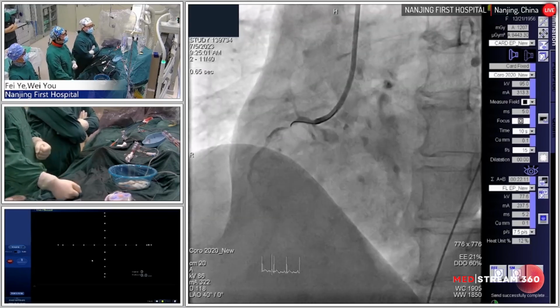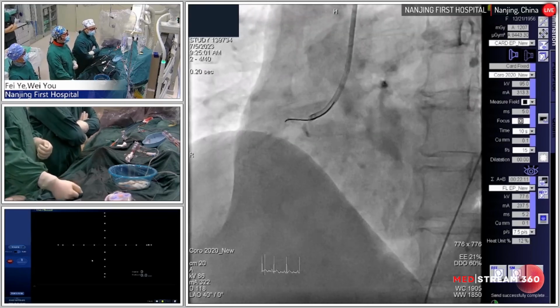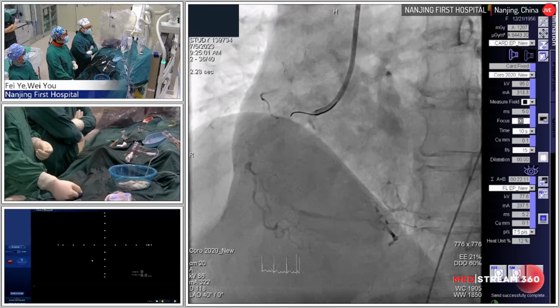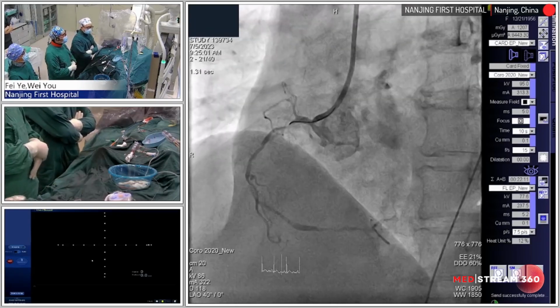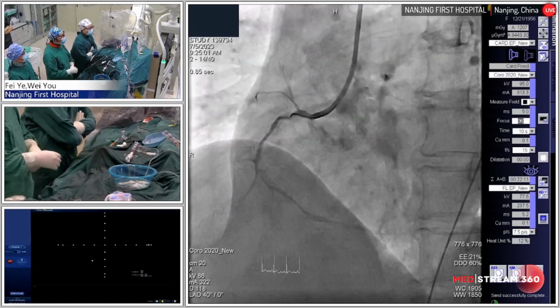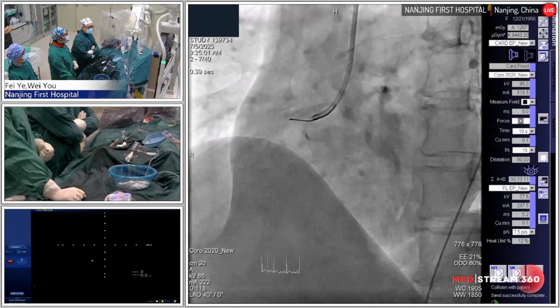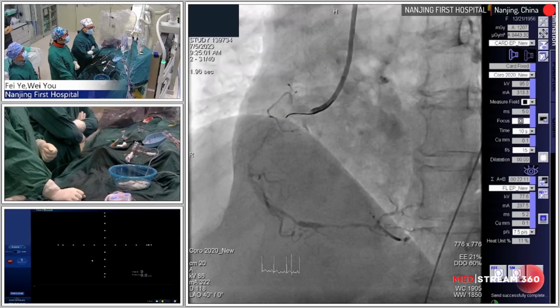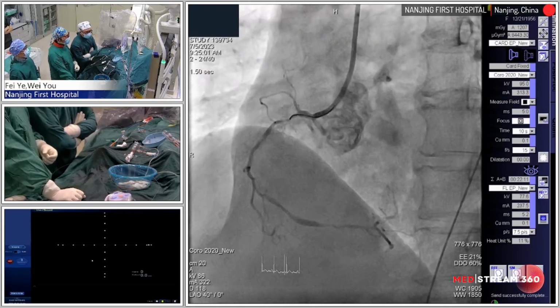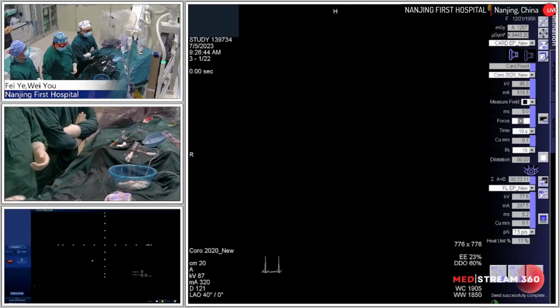If we PCI the left coronary artery first, and the circumflex is a dominant vessel, if the circumflex flow is compromised, there will be jeopardy for this patient. So treating the RCA first, I think, is suitable and will be safe. This is what we did today. Okay, just show the next picture.